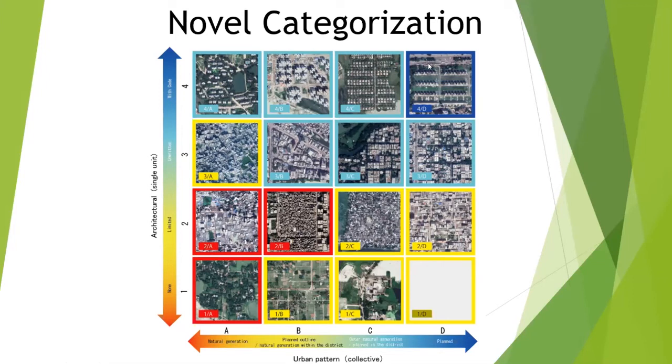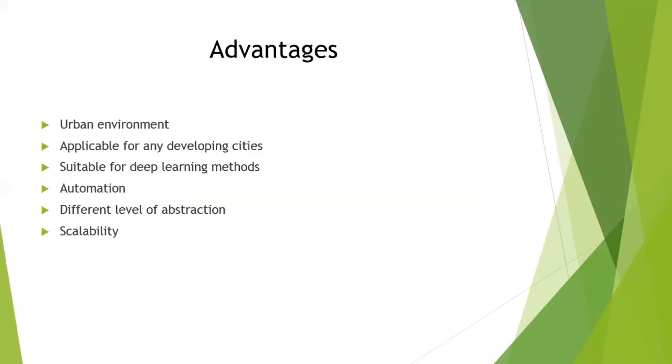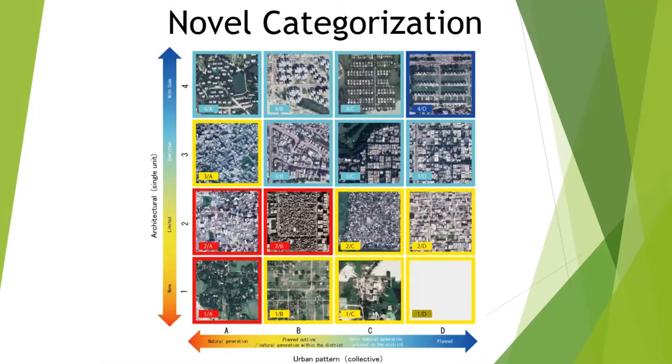And finally the blue, it is the most dense area or more structured area, the highly formal area. They have very good structured streets, street access, and also the buildings are coded, the buildings are uniquely identified. So this is the second level of abstraction for the socio-economic condition.